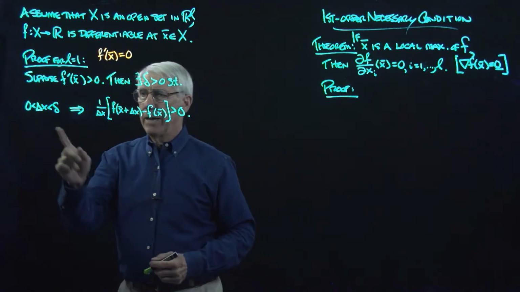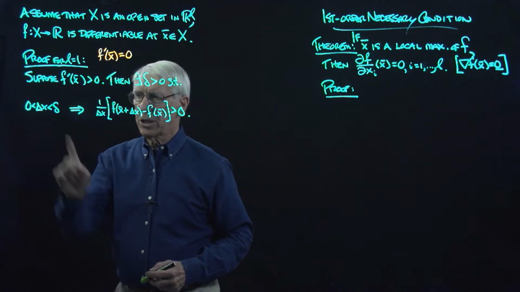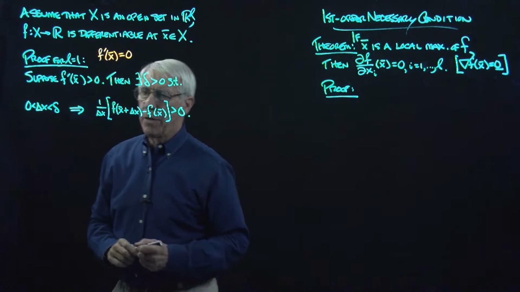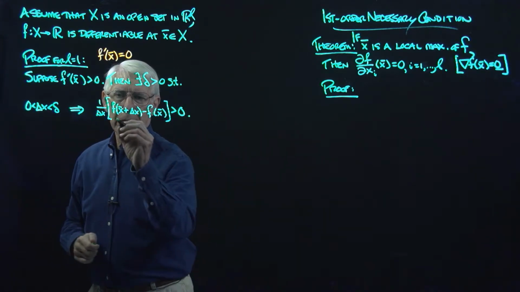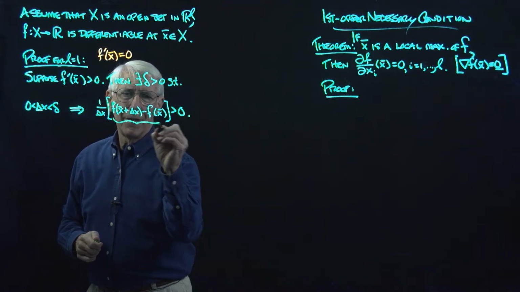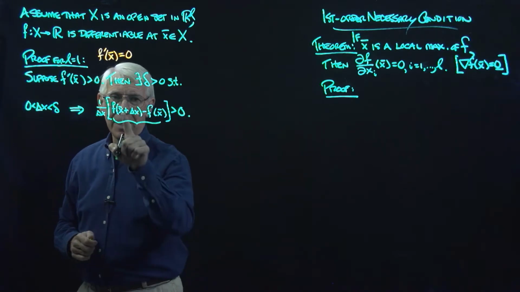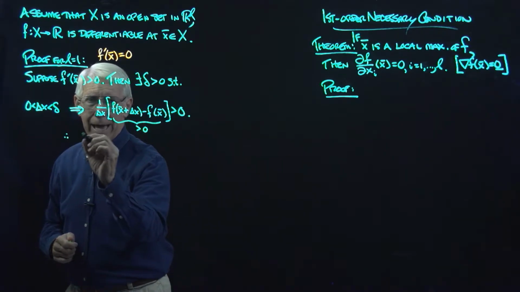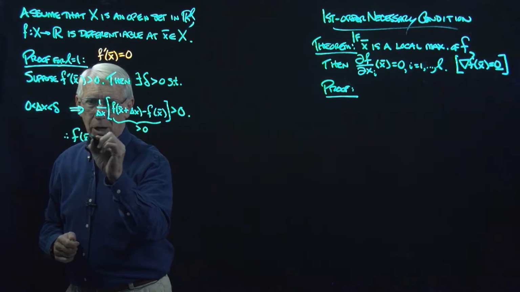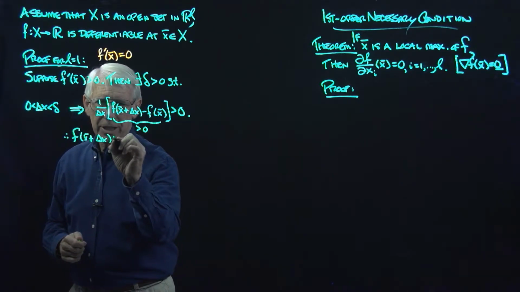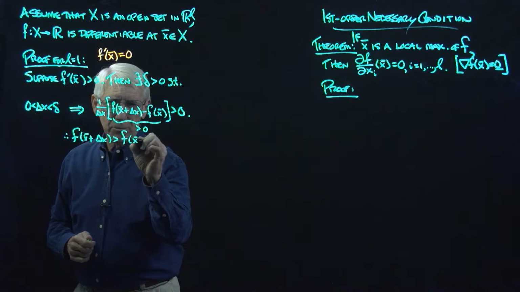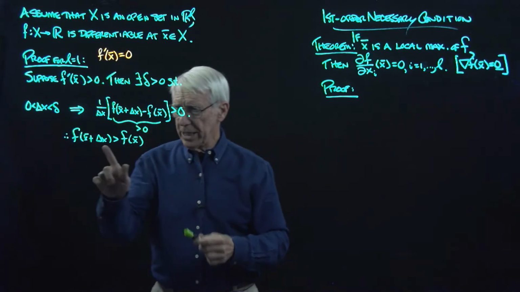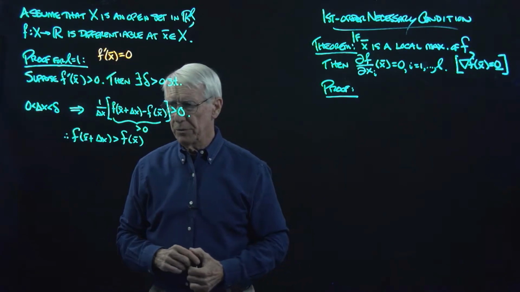And so if this is true for all delta x's close to 0, then in particular, since delta x is positive, this is positive, and that means that f of x bar plus delta x is larger than f of x bar for all of these delta x's that are close to 0.